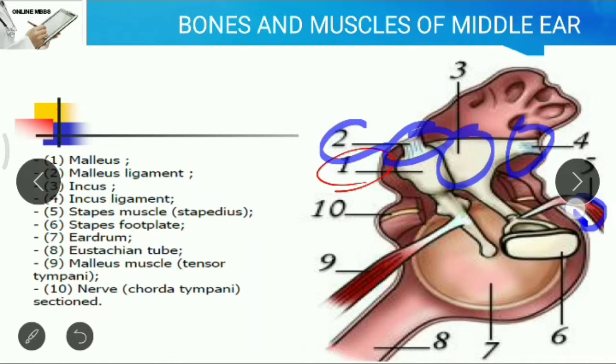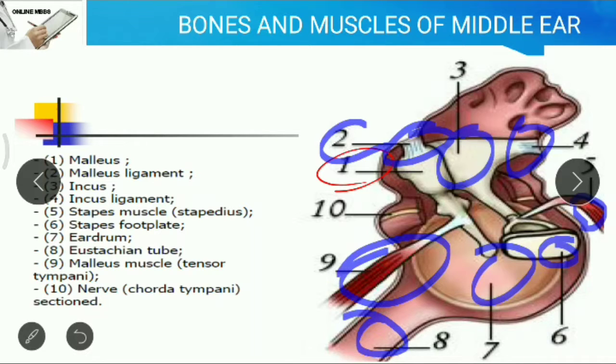It is also known as stapedius muscle. It is the smallest muscle in our body. And stapes footplate is this one. Eardrum, this one. Eustachian tube, this one. Number 9, this one is tensor tympani muscle, and 10 nerve, that is chorda tympani. This one is chorda tympani nerve.